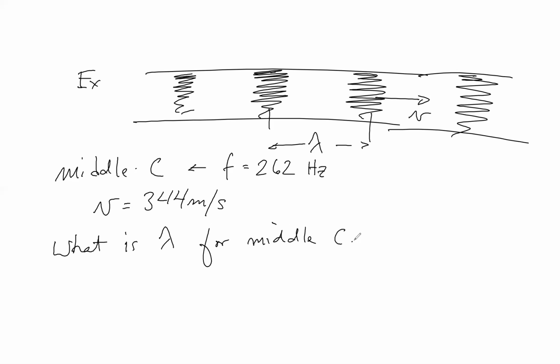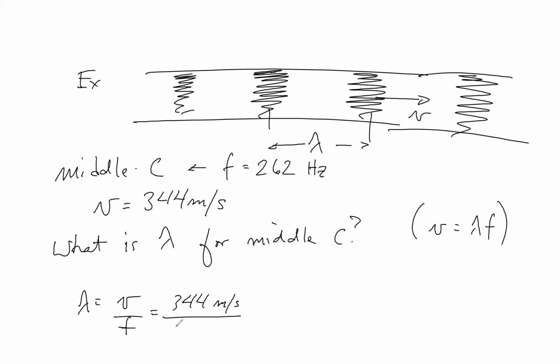And I'm just going to use that simple relationship I know, which is V equals lambda times F. Well, I've been given V, I've been given F, so I know that lambda equals that speed divided by that frequency, which is going to be 344 meters per second.